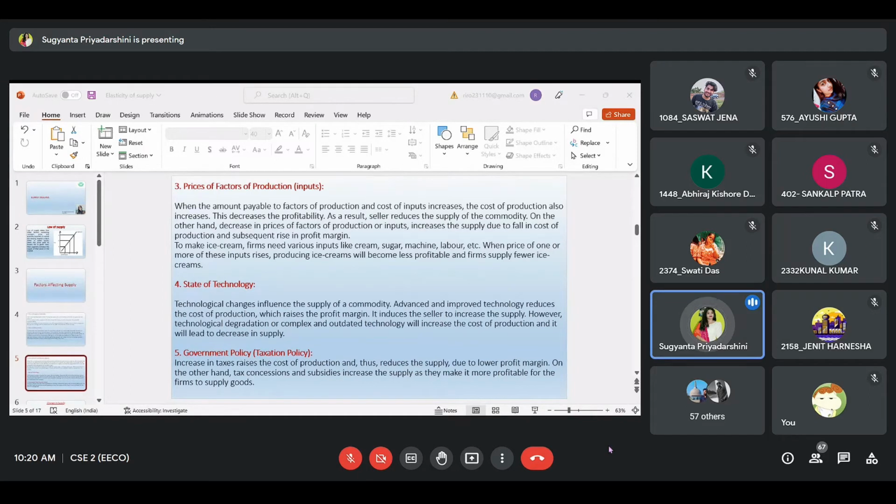So by utilizing these three, what is finally produced is your output, but all these things that are involved in the production procedure are inputs. So how these inputs are utilized in the production procedure to get an output is known as your factors of production. Is it understood?